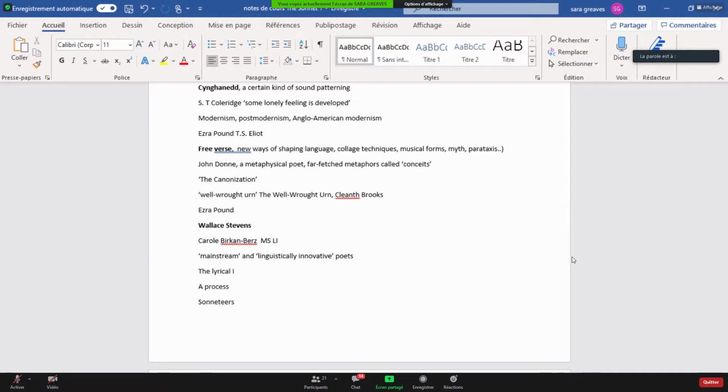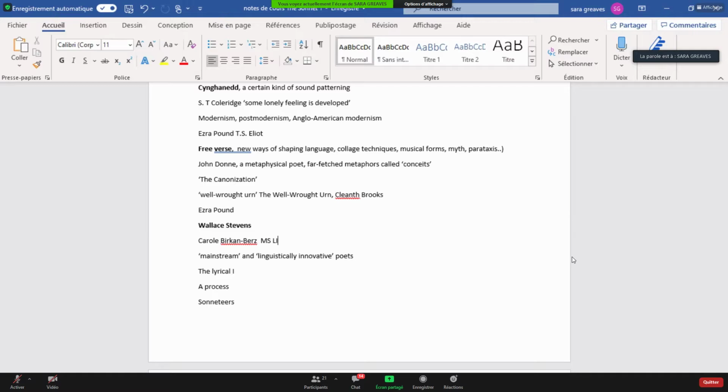And secondly, that poetry over the 20th century has divided itself into these two groups. One way of distinguishing them is between those poets who are published by well-established publishing houses, and those who are published by small, independent publishers.